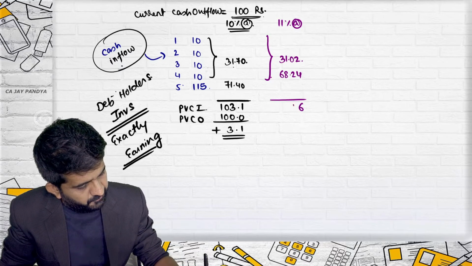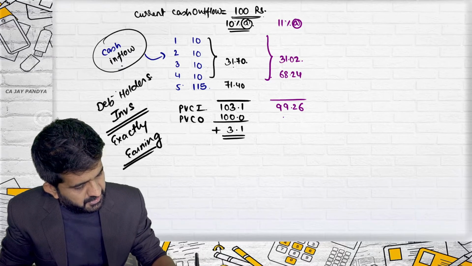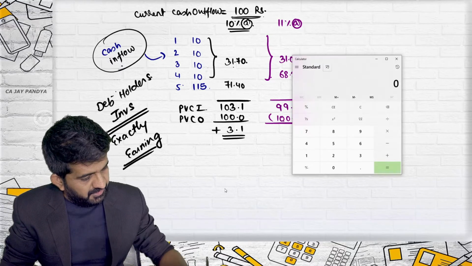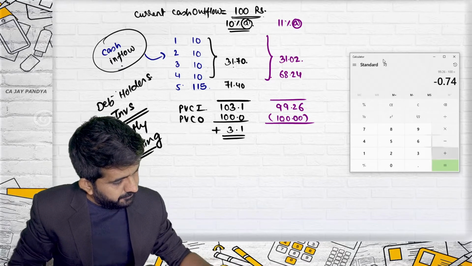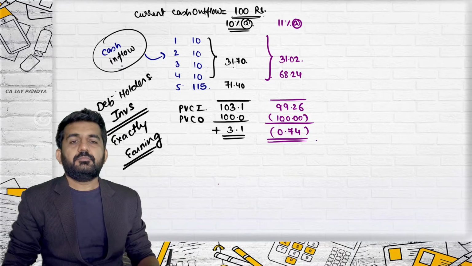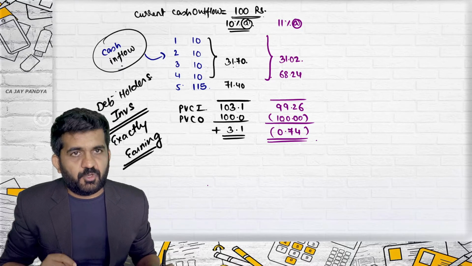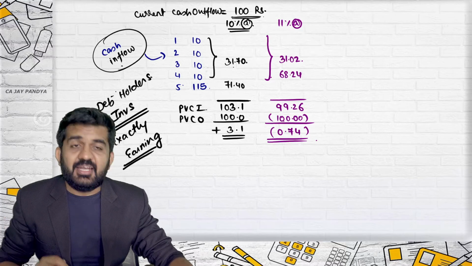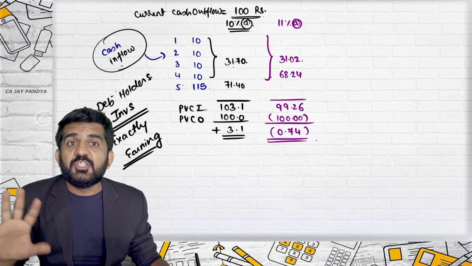The present value of cash inflow will be 99.26. The present value of cash outflow will remain 100. For the investor, my NPV is 99.26 minus 100. It is 0.74, but negative. For an investor, the project is earning more than 10% and less than 11%, approximately 11%, because this is negative 0.74. But it is between 10 and 11%.